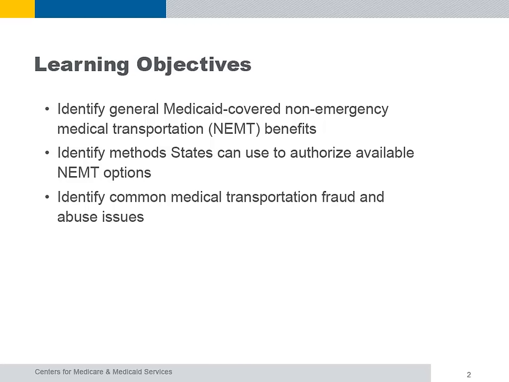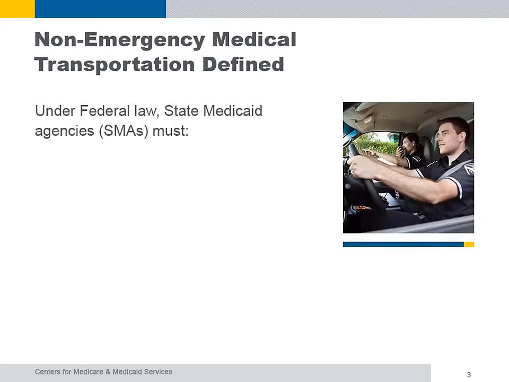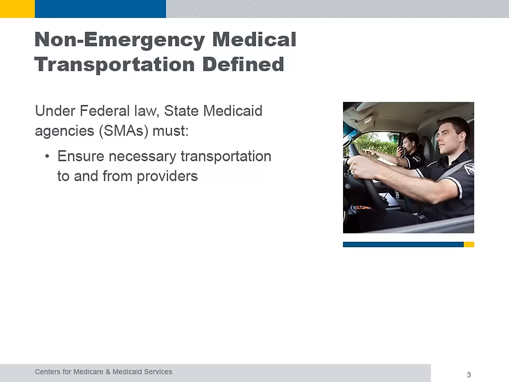State-specific examples are cited in the presentation to illustrate general rules states may follow, even though the rule may not apply to every state, or the same rule may be applied differently by each state. The CFR requires states to specify that the Medicaid agency will ensure necessary transportation for beneficiaries to and from providers, and describe the methods that the agency will use to meet this requirement for eligible qualified beneficiaries.